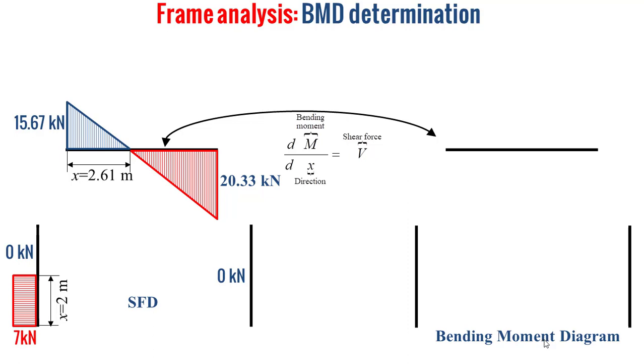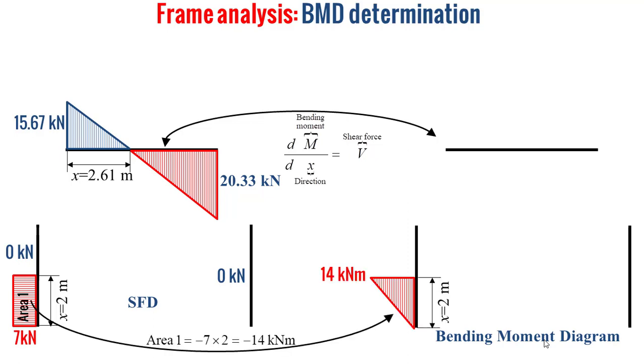Now notice that the shear force applied on the left-hand column is equal to a constant minus 7 kilonewton applied over the lower half height of the left-hand column and the 0 kilonewton applied over the upper half height of the left-hand column. Since the bending moment is the integral of the shear force, it can be determined as the area of the evolution of the shear force, and it will be like it is depicted in this slide.